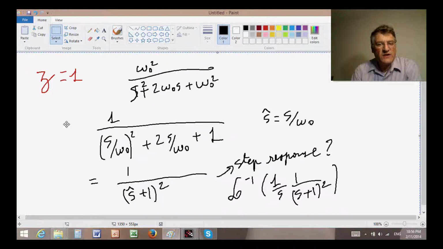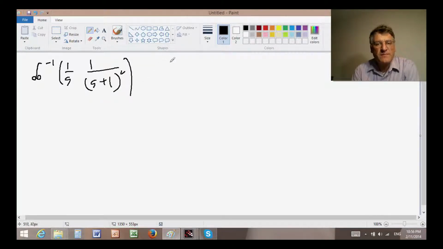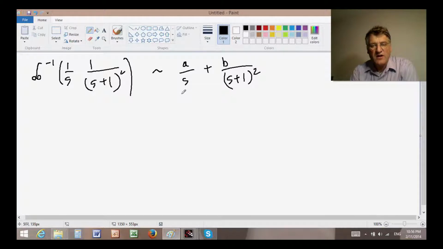Okay, so what I'm going to do is I'm going to forget about all this and then rewrite this story about computing the inverse Laplace transform of 1 over s times 1 over s plus 1 squared. The first step is to rewrite this as a over s plus b over s plus 1 squared. I think that should be good enough.